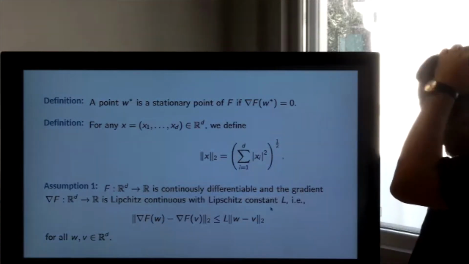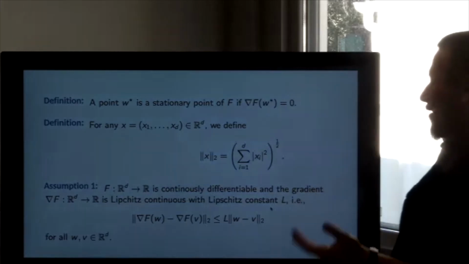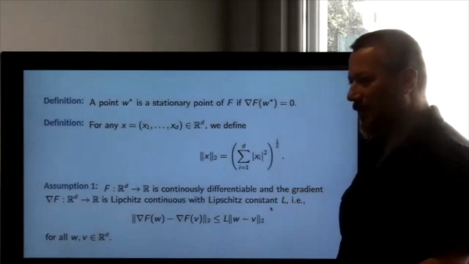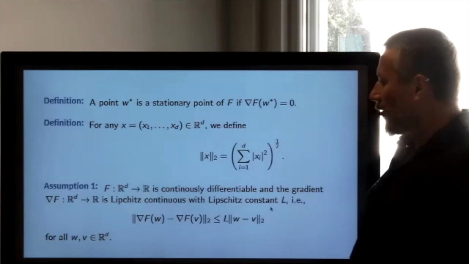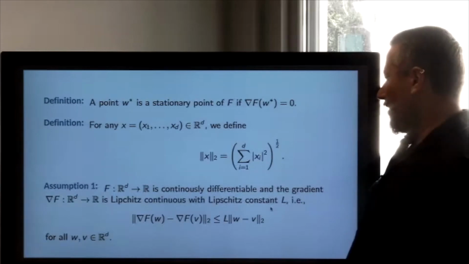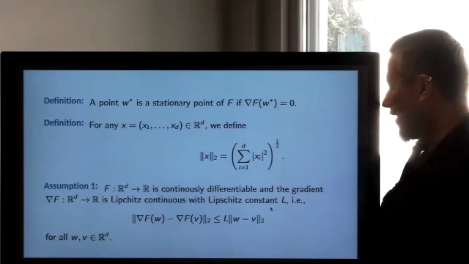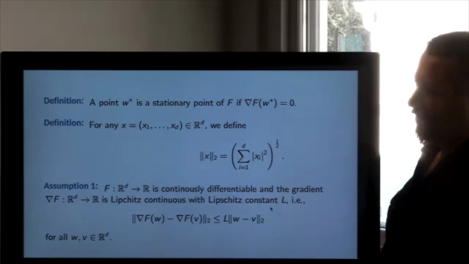To be able to prove that the stochastic gradient eventually converges to a stationary point, we have to put some assumptions on the function that we are trying to minimize and the corresponding stochastic gradients.